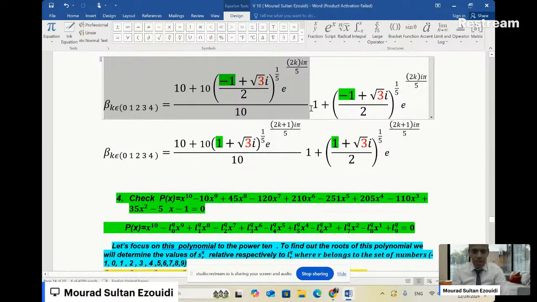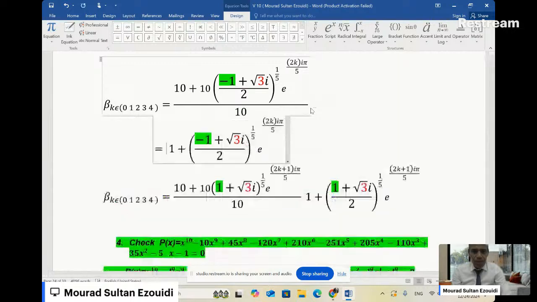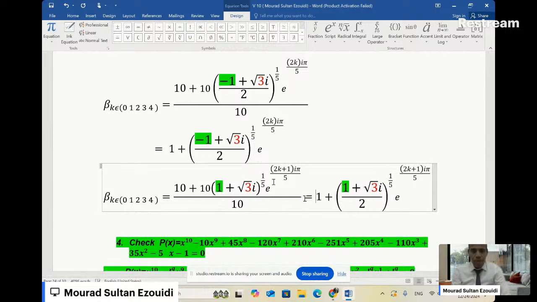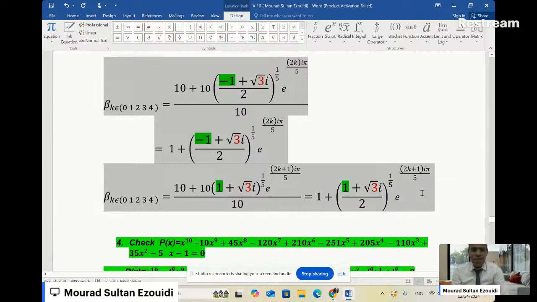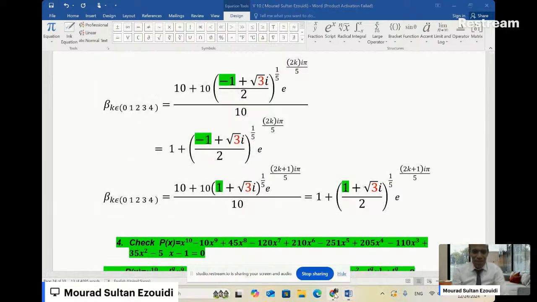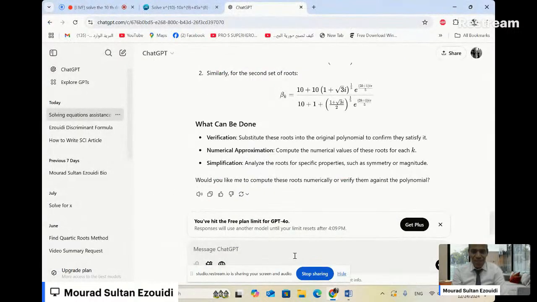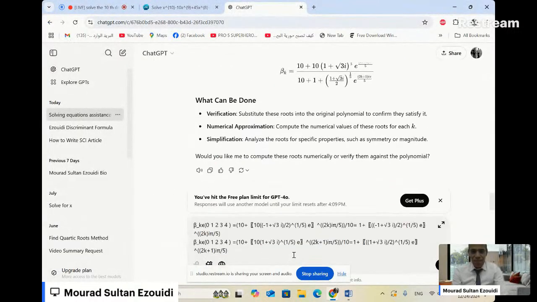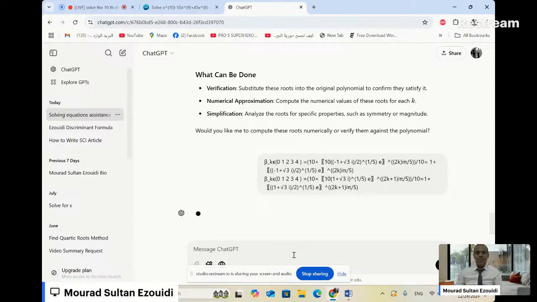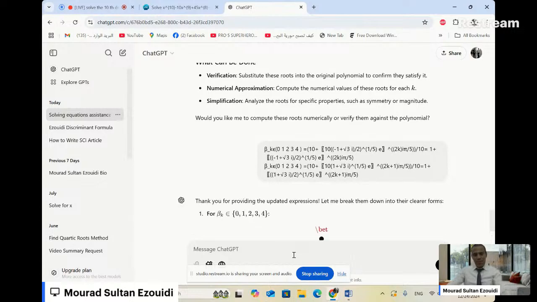Of course, this is equal. You see, in this example, he gave me two roots. Really a catastrophe. How did he find these two roots? Take this. These are the roots.